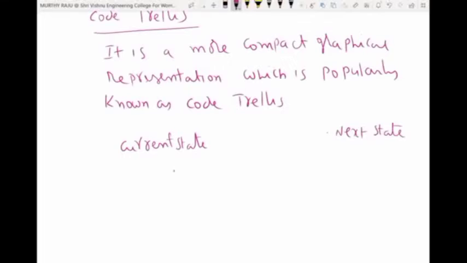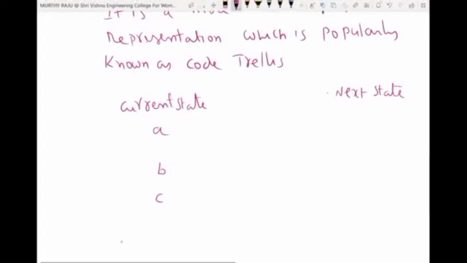The 4 possible current states are A, B, C, and D. And the nodes on the right side are the resulting next states A, B, C, D.